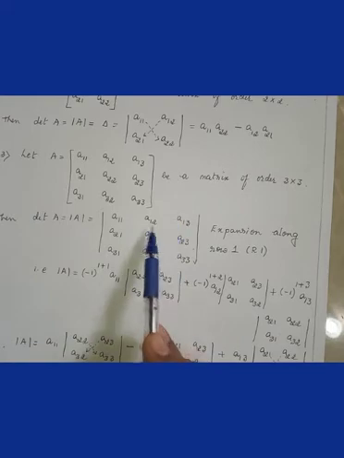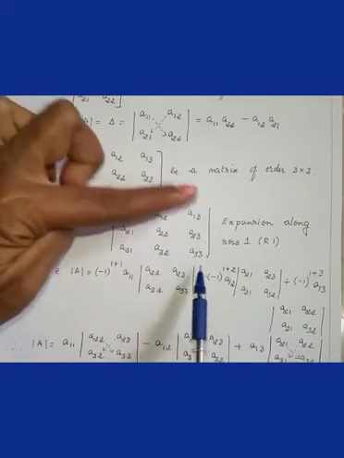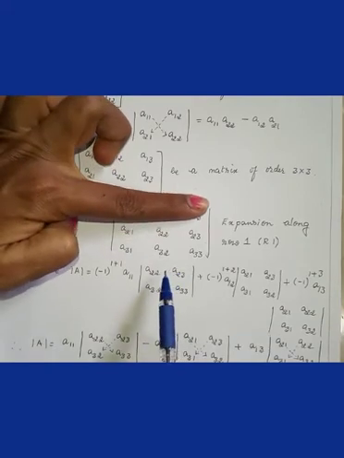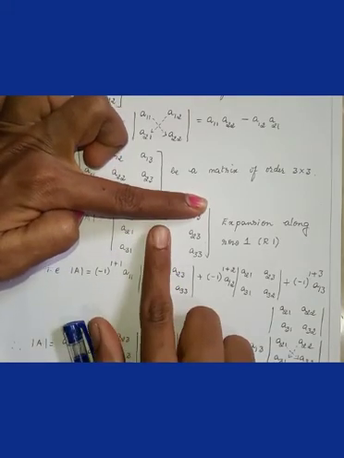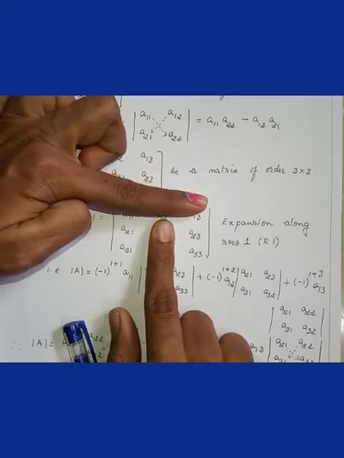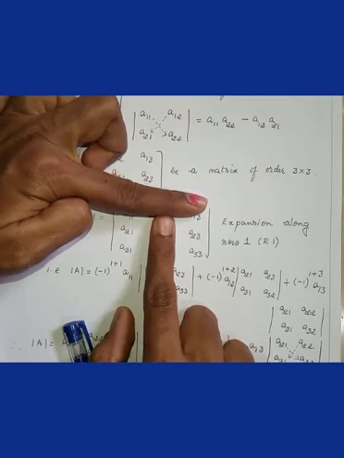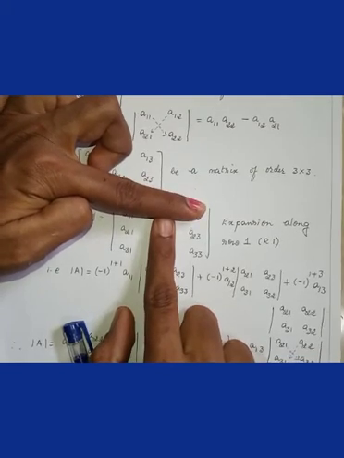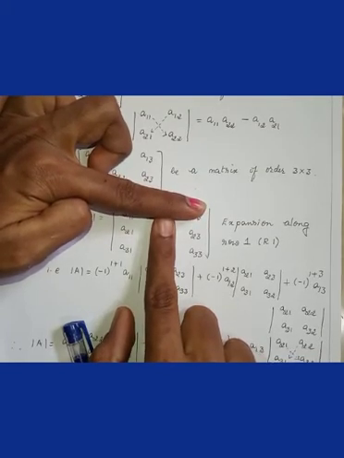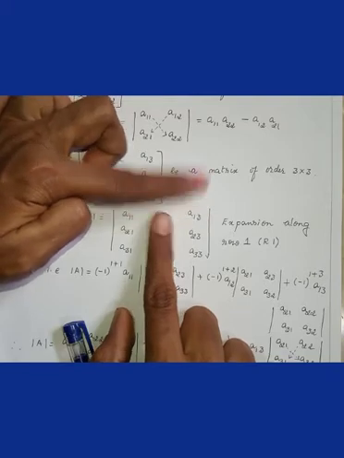If you delete the first row and second column, what remaining entries will you get? The remaining entries are A21, A23 of the second row, and A31, A33 of the third row.